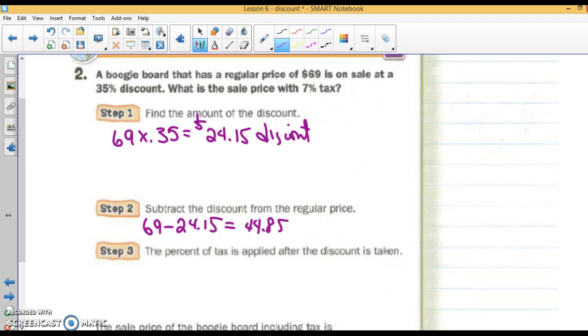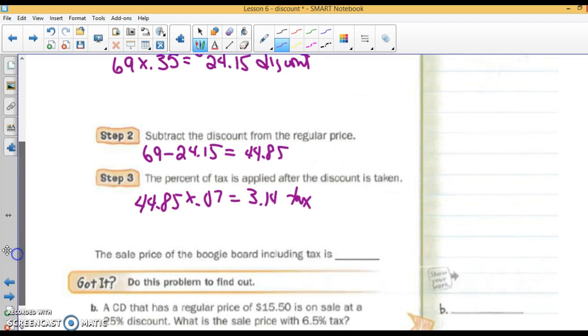Now, how do we find the tax? So our tax is 7%. So $44.85, because that's our sale price, times 0.07 gives me $3.14. That's your tax. So our total sale price will be $44.85 plus the tax, $3.14, gives you $47.99.